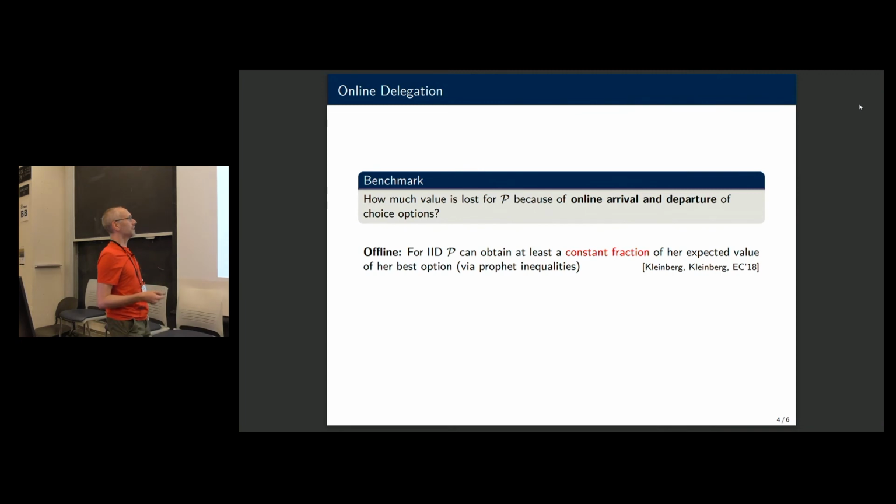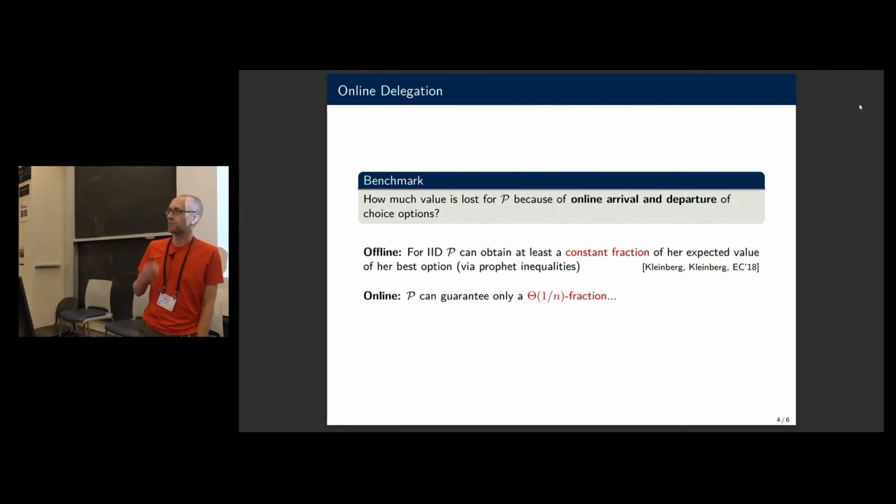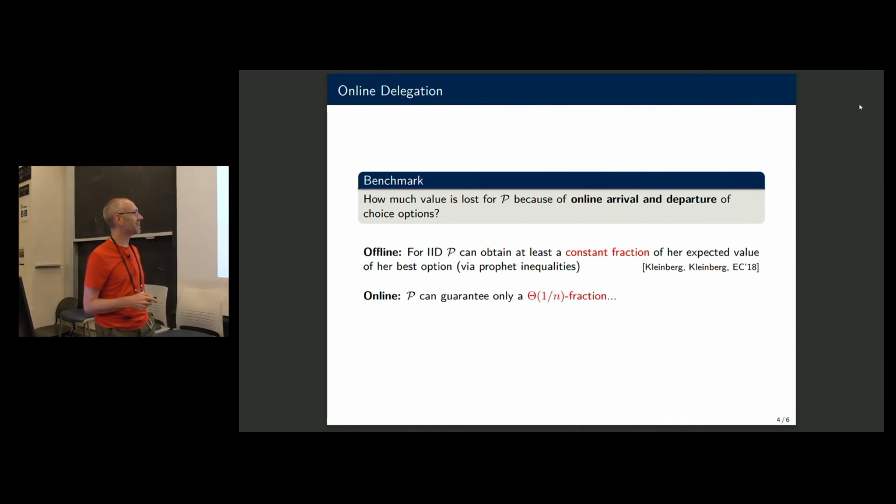For the offline case, this is also what Schecker mentioned. There is this nice result by Kleinberg and Kleinberg that applies the Samuel-Cahn prophet inequalities and other greedy-based prophet inequalities to obtain a constant fraction. Constant fraction here really means delegation gap, as Schecker defined it, so approximating the best option for the principal in hindsight. So what about the online model? Well, not so much, unfortunately. There is a tight guarantee of 1 over n. There is a family of instances where you can only extract 1 over n.